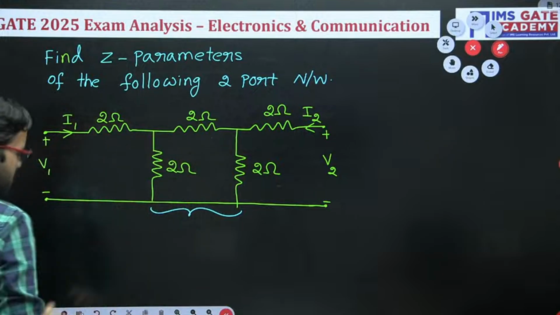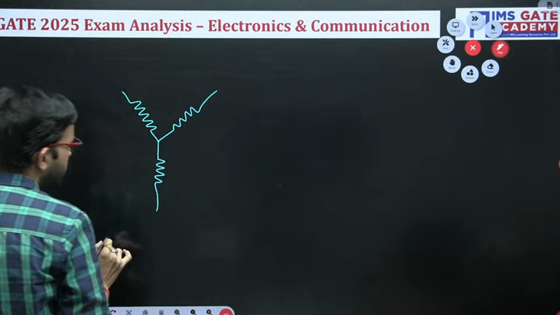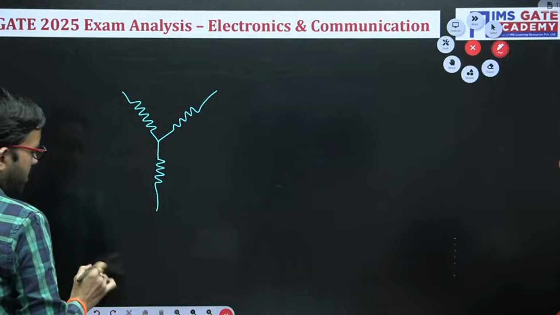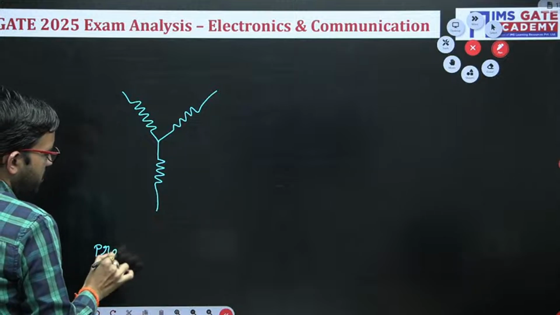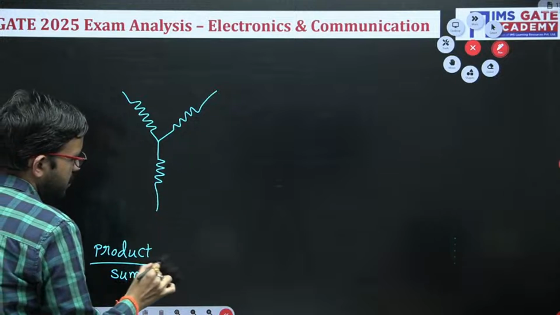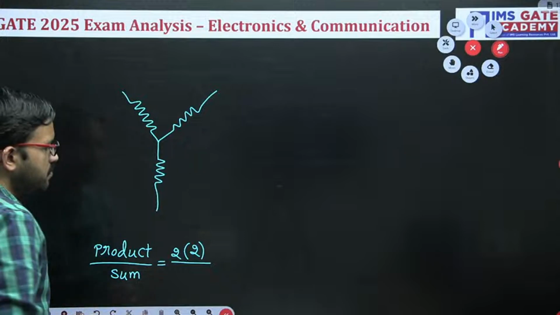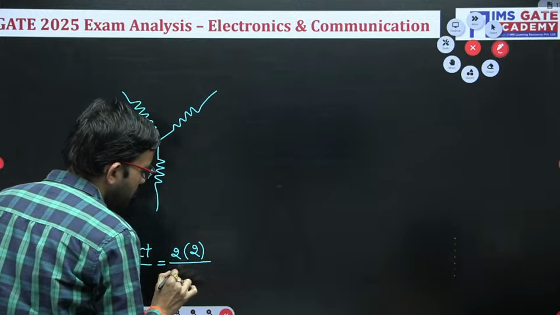Product means 2 into 2. Just for reference, I am writing product by sum for one case. So 2 into 2, divided by the sum of the three elements, that means 2 plus 2 plus 2.